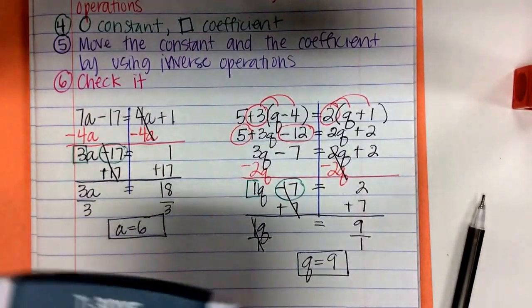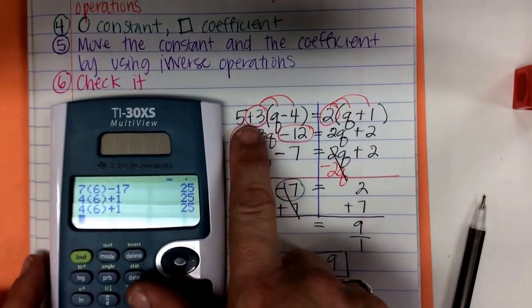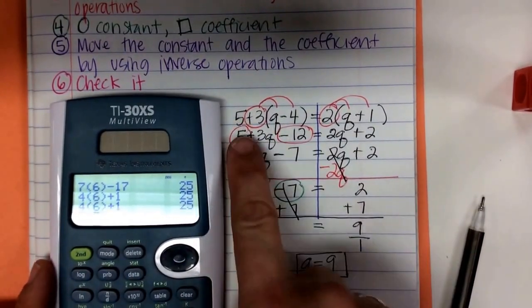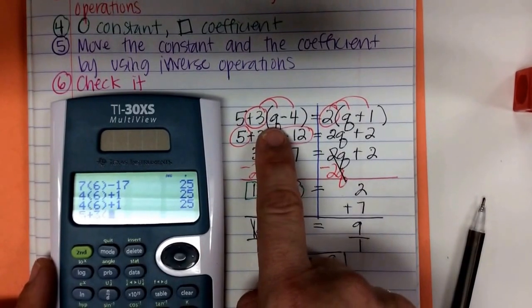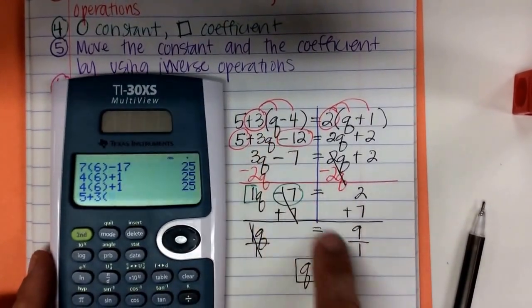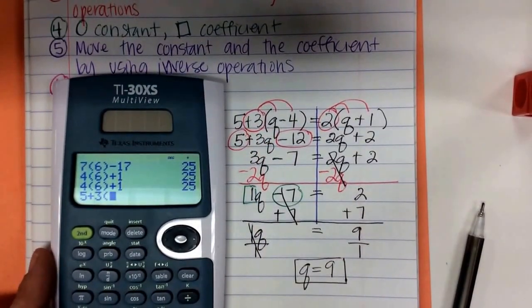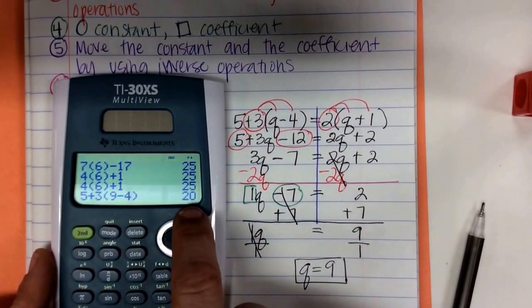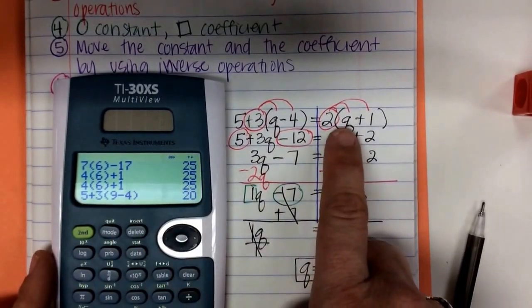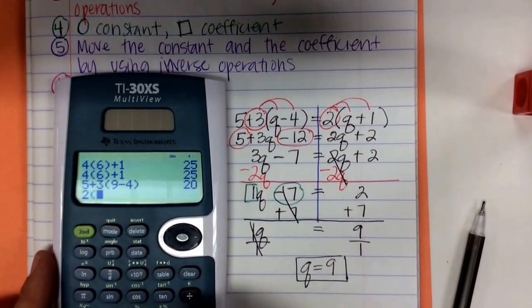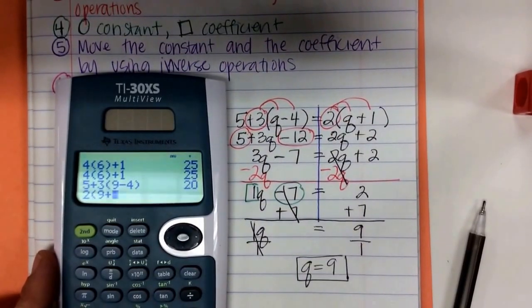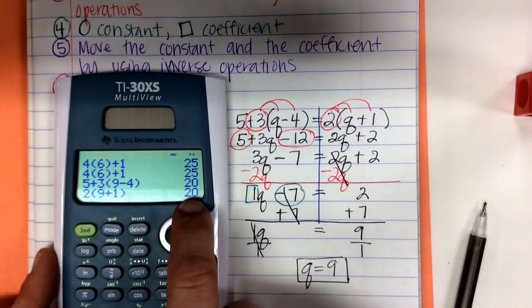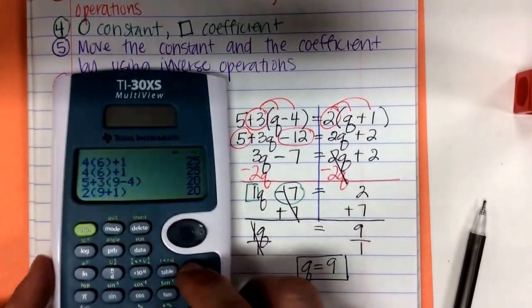And I can check it. 5 plus 3, parentheses, and instead of Q, I'm going to put 9, 9 minus 4, and it equals 20. Let's check this side. 2 parentheses, 9 plus 1. Do they both equal 20? So I know I'm right.